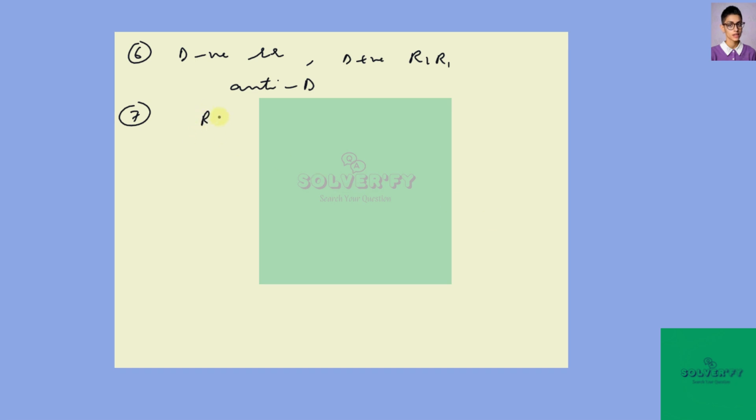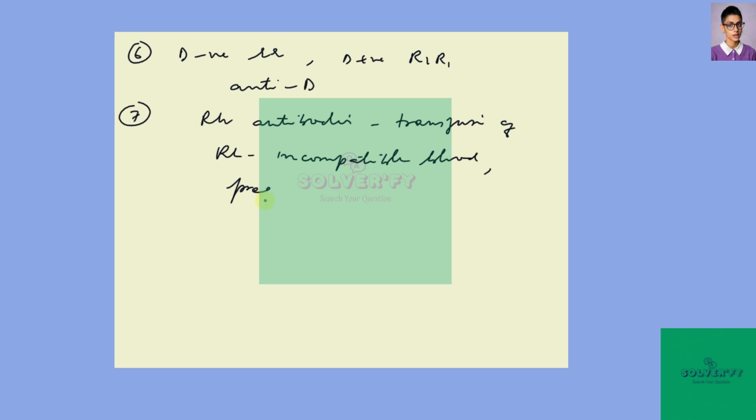The formation of Rh antibody can be stimulated by transfusion of Rh incompatible blood, pregnancy with an Rh incompatible fetus, or injection of Rh positive blood products.